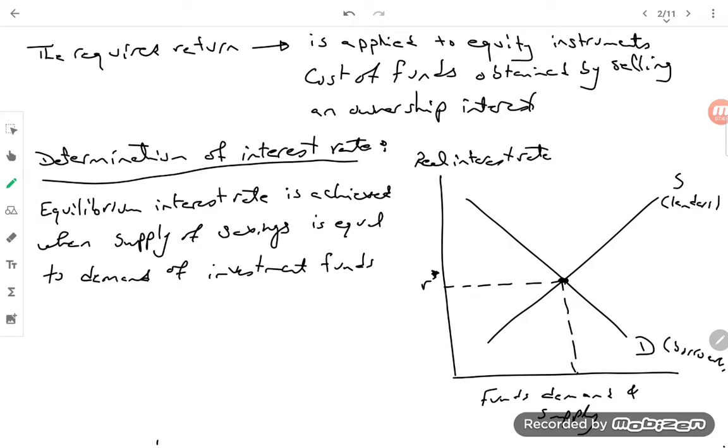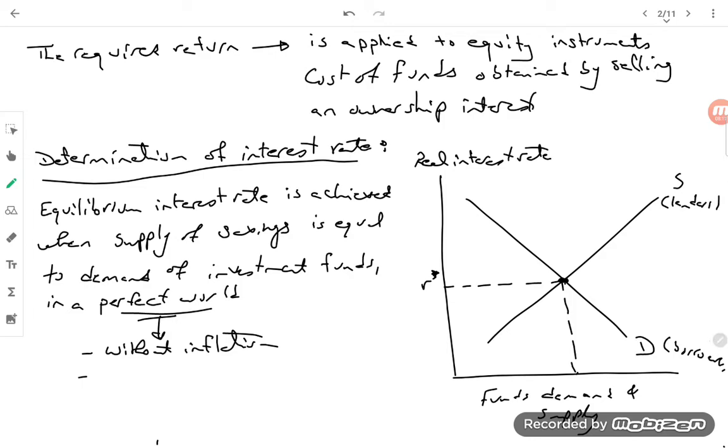of demand and supply for funds in a perfect world, or in a world without inflation, no liquidity preferences, no risk.